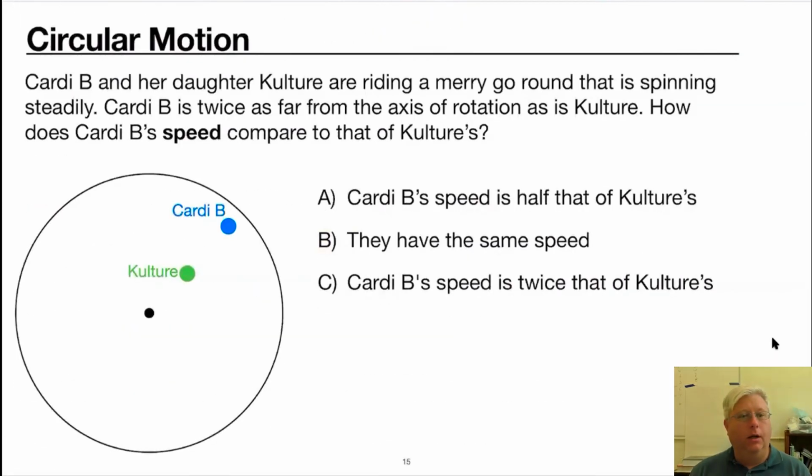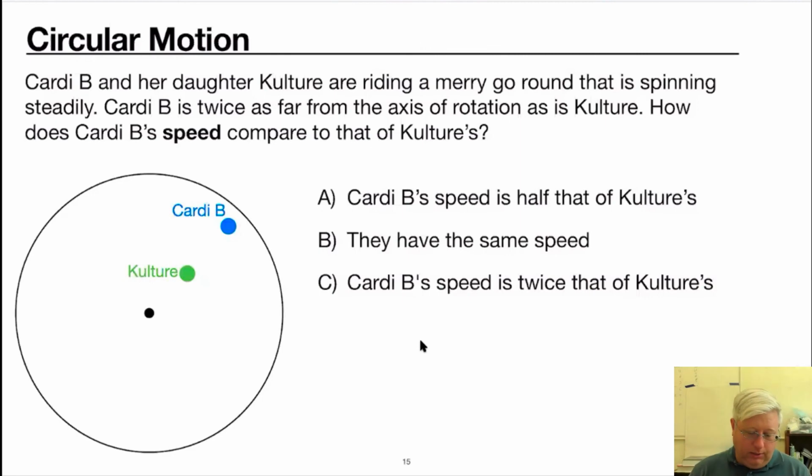Okay. Now let's say they're on the merry-go-round, same situation, but now we want to know how does Cardi B's speed compare to that of Culture's? Okay, we're not saying angular speed, we're saying just speed.